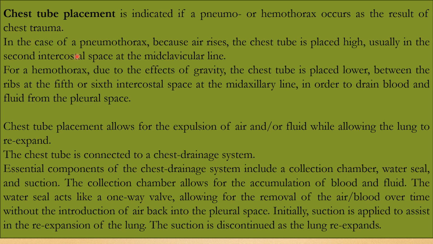In the case of pneumothorax, because air rises, the chest tube is placed high, usually in the second intercostal space at the midclavicular line. For a hemothorax, due to the effects of gravity, the chest tube is placed lower between the ribs at the 5th or 6th intercostal space at the mid-axillary line in order to drain blood and fluid from the pleural space.